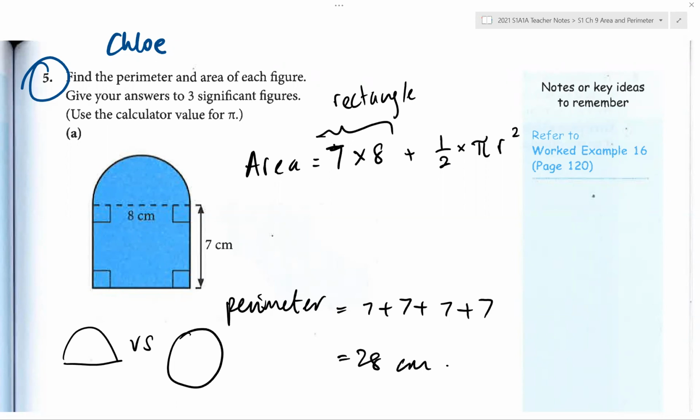Answer. Your answer is wrong. Wrong. Radius. R is for radius. What is the radius? What is the radius here? What is the radius over here? Which part is the radius?